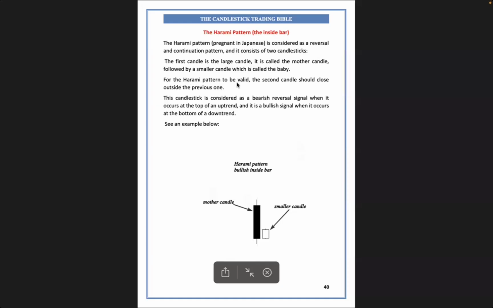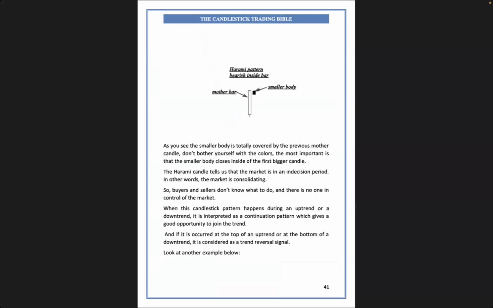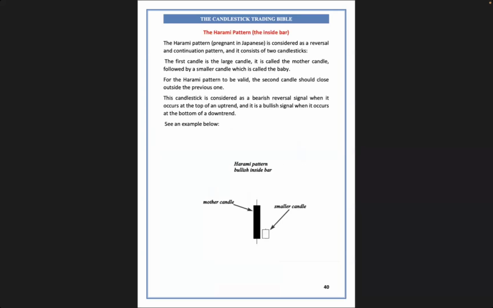For the harami pattern to be valid, the second candle should close outside the previous one. This candlestick is considered a bearish reversal signal when it occurs at the top of an uptrend, and a bullish signal when it occurs at the bottom of a downtrend.